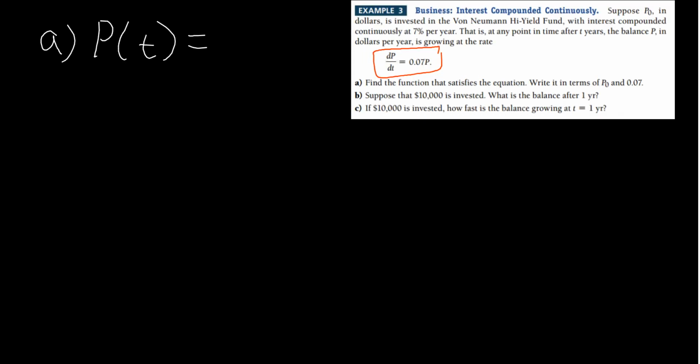We have the initial population, P naught, times e raised to some kt power. Well, we are told what k is, which in this particular case is 0.07. So 0.07t.